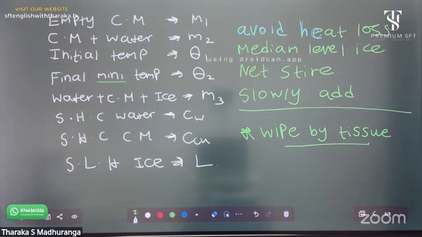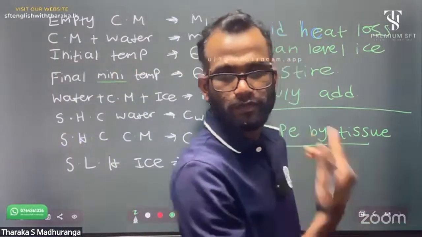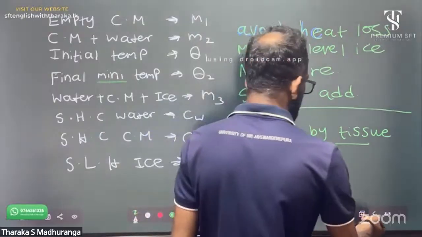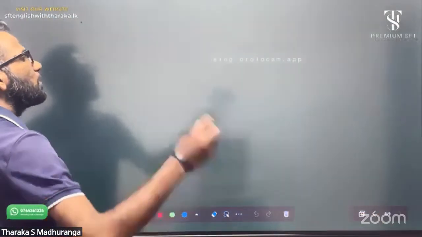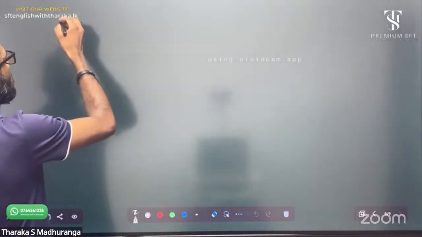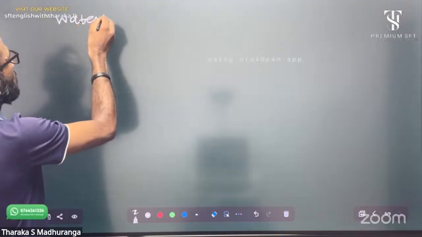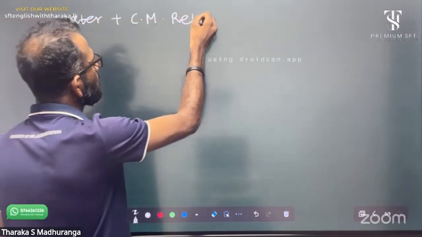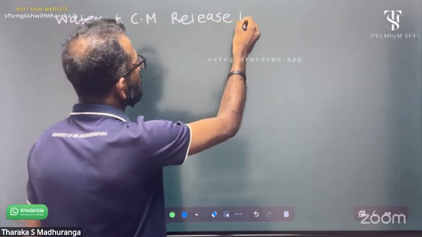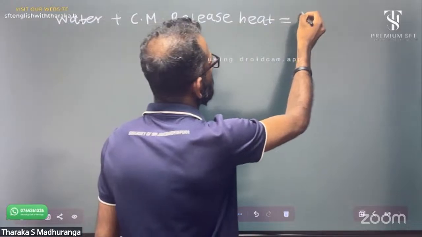Now, this is the mixture method. Substitute into the mixture method. According to the mixture method, water and calorimeter release heat equal to ice absorb heat.